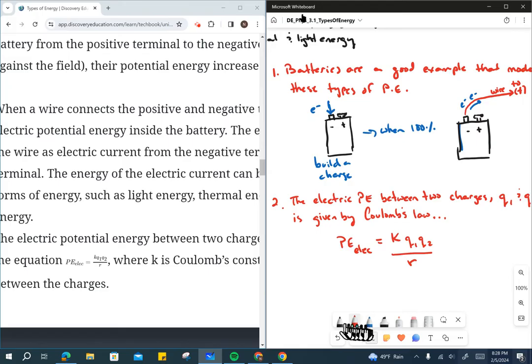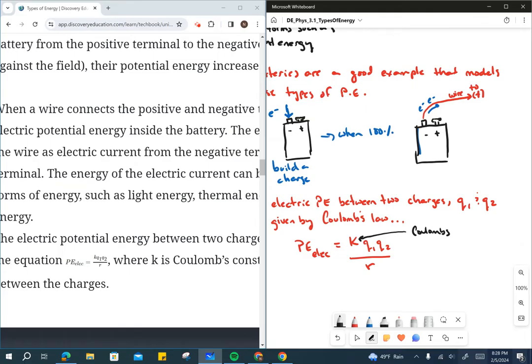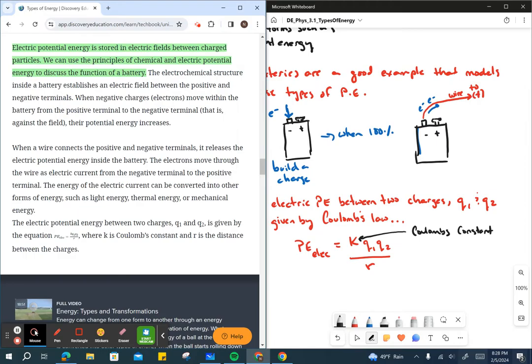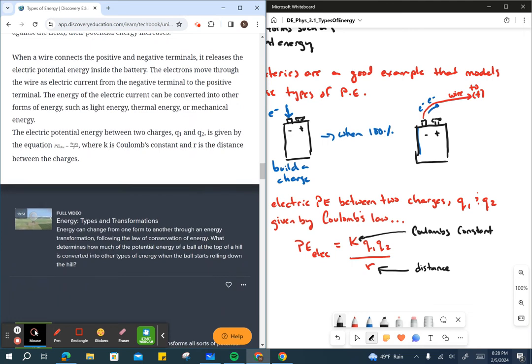And here K is Coulomb's constant, which is equal to, well, they don't provide that for us right here, but we have this in our past notes. And r is the distance between those charges, okay?